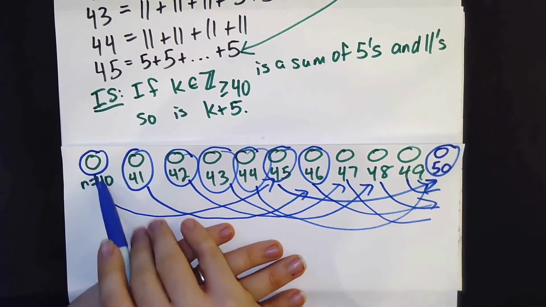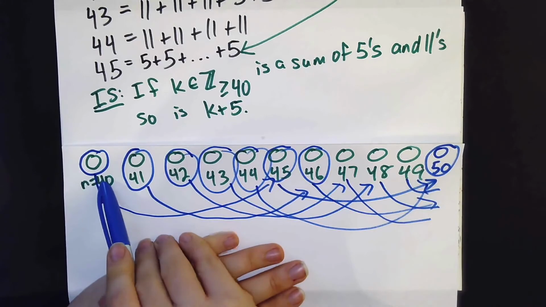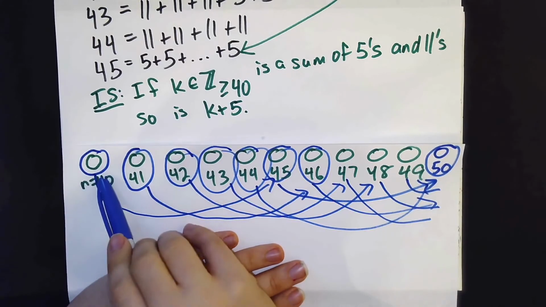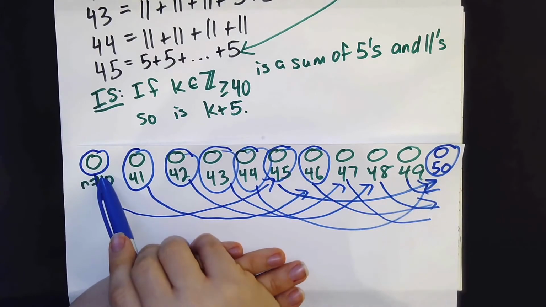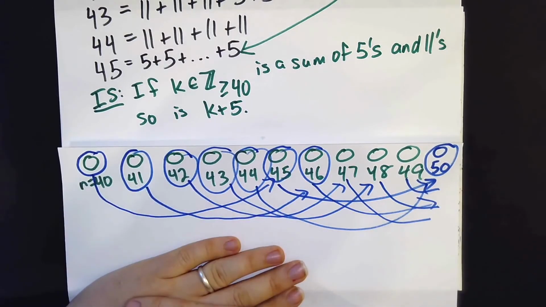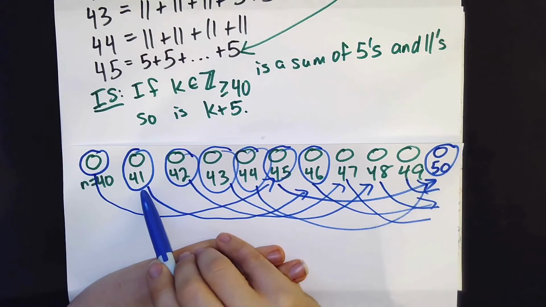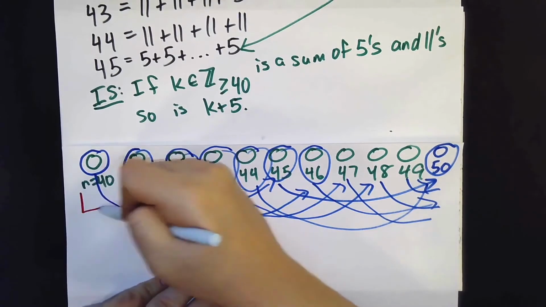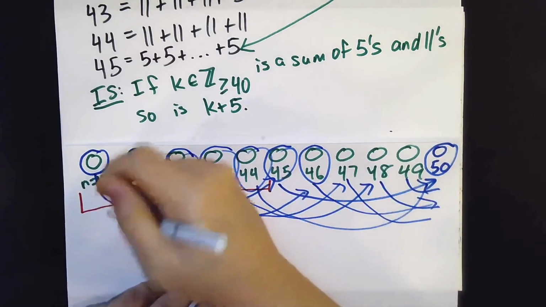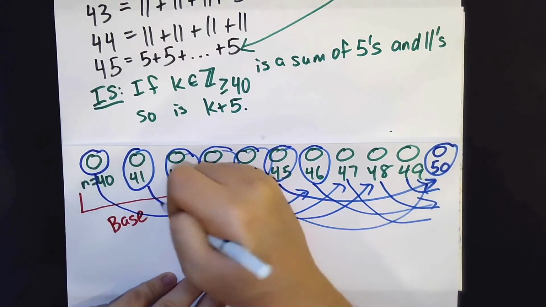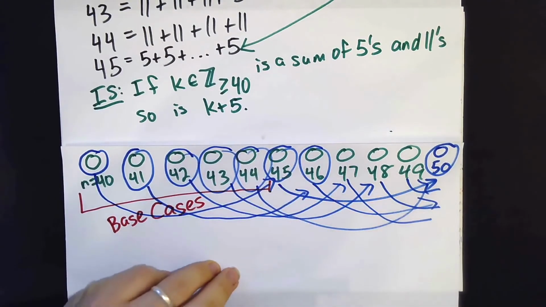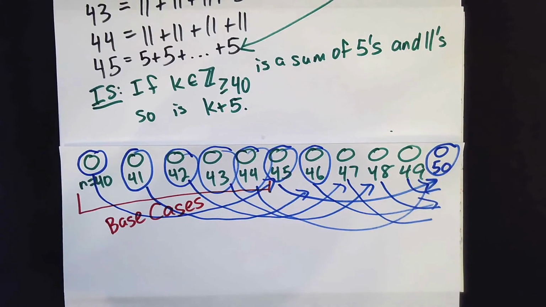And so once I throw in 40 into my list of base cases, then that gives me every multiple of 5 from 40 onward. Likewise, 41 is 1 more than a multiple of 5, so that gives me every number that's 1 more than a multiple of 5 from 41 on forward, and so on. And so each of these 5 base cases happens to take care of one of our division algorithm buckets.